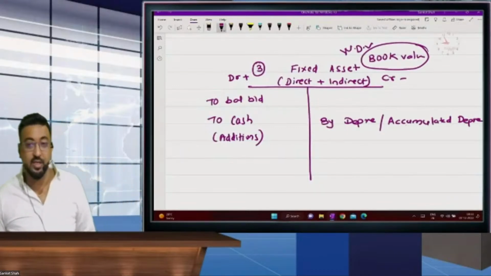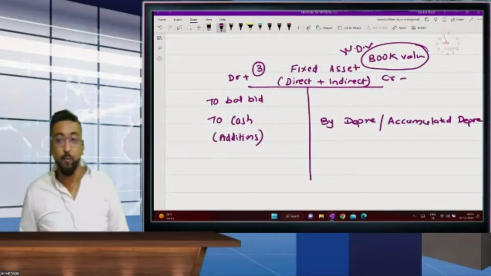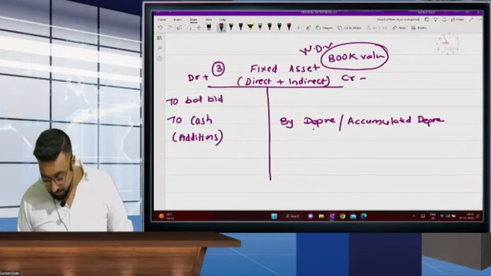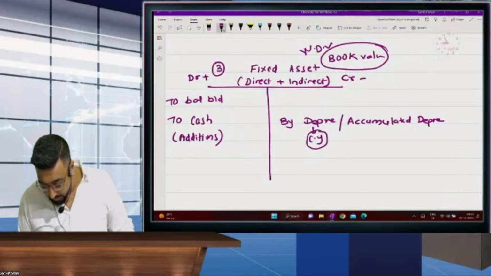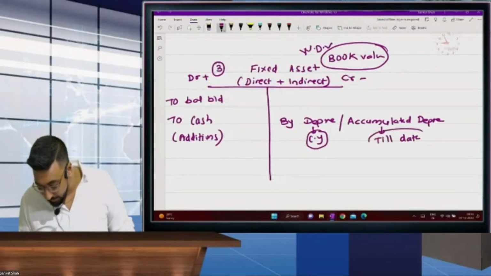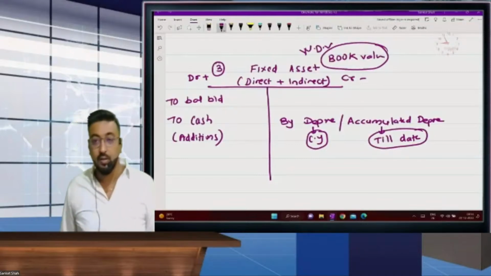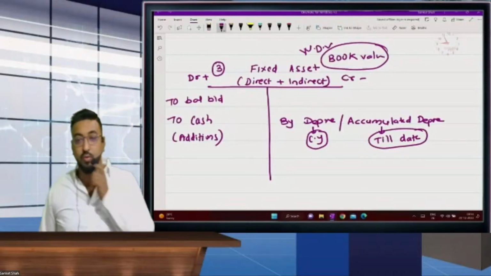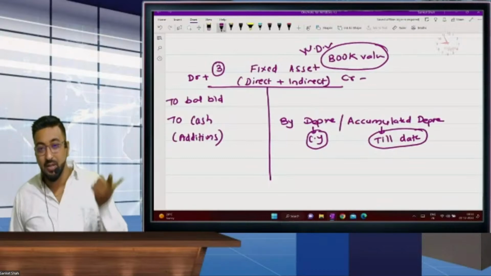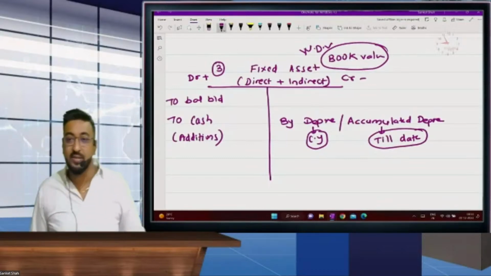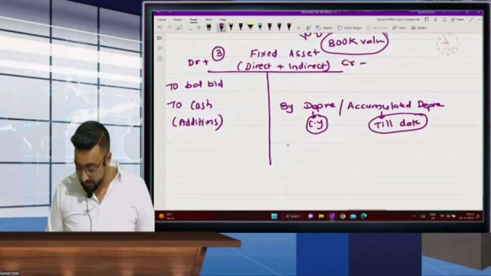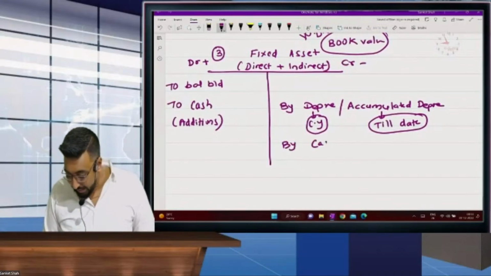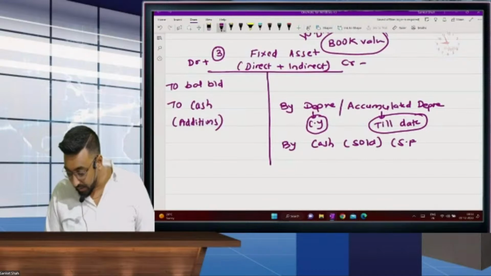Accumulated depreciation if opened, okay? By depreciation only for current year or till date, accumulated depreciation. So you have two options. Now I will explain you this concept in problem part. By depreciation or accumulated depreciation, by cash sold, selling price.